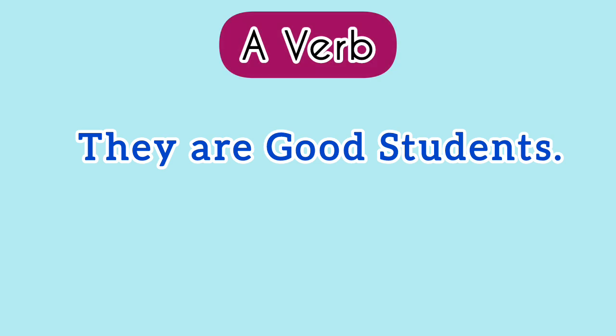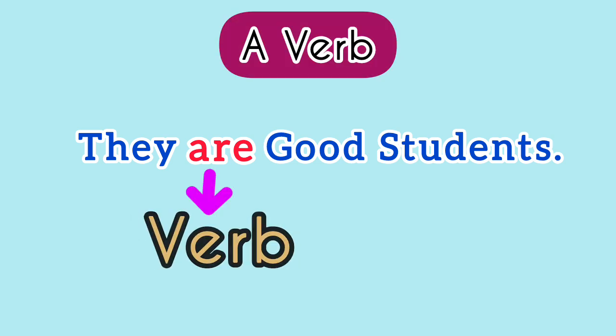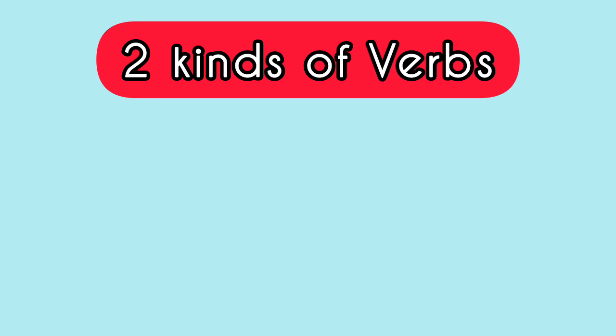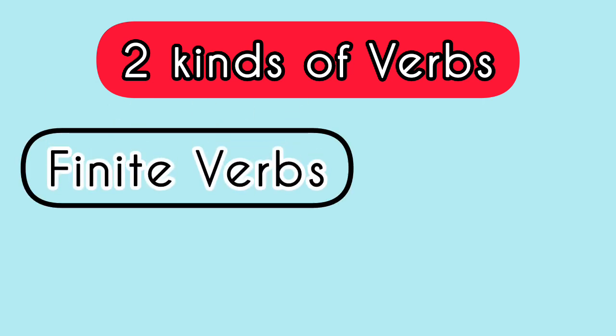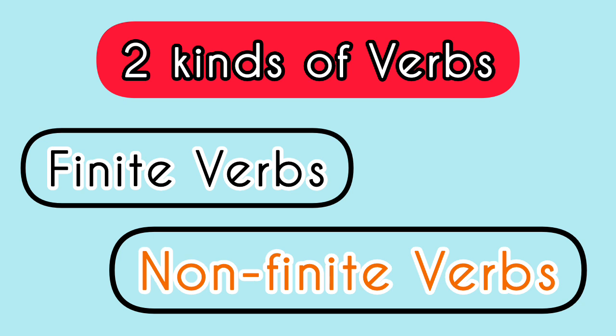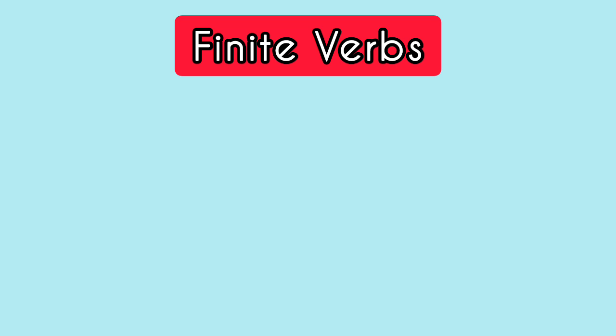Here in this sentence, the word are is a verb. Dear viewers, first of all, we must know the two kinds of verbs, and these are finite verb and infinite verb. Now, first of all, let's explore the finite verb.